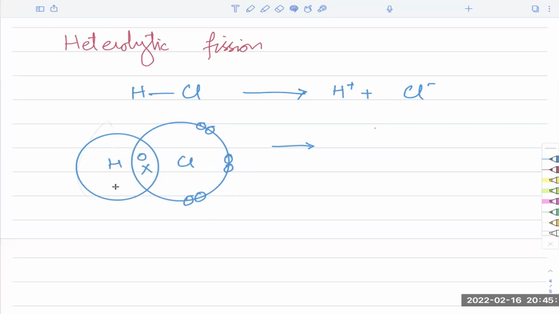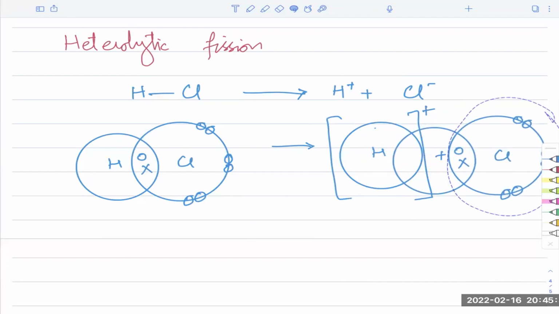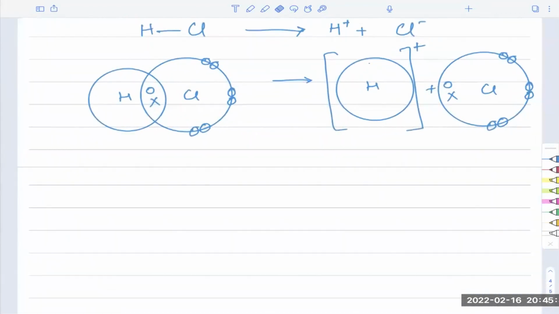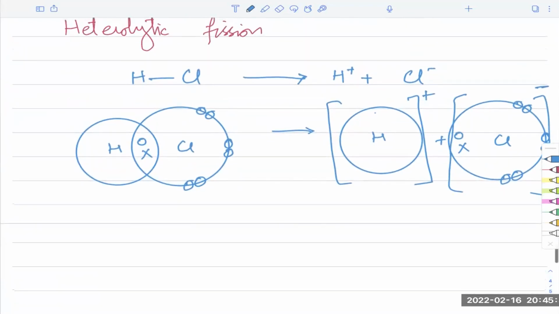So now you get a hydrogen ion, and this has obviously a positive charge on it because it has lost an electron. And you also get this chloride with both the electrons. I'll just erase this circle. Yep. And this chloride has these two electrons, one of which it got from hydrogen. We can show this through a curly arrow.